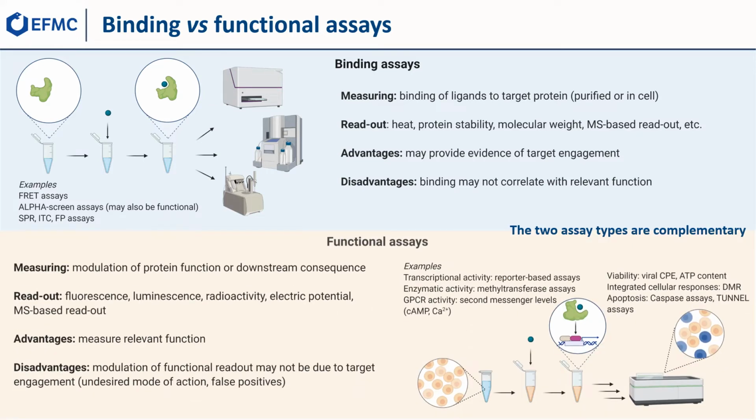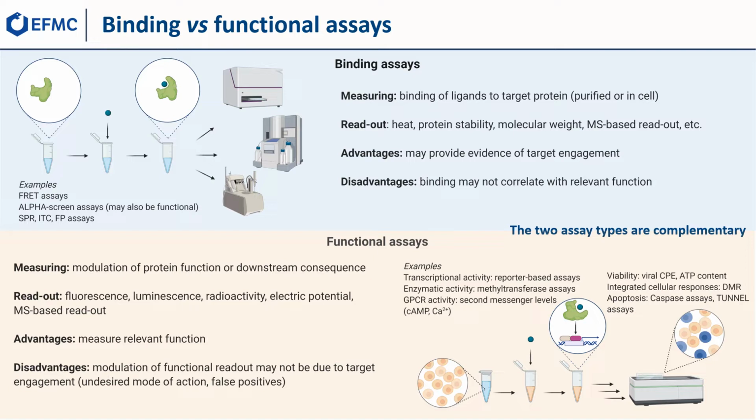As regarding functional assays, they measure the modulation of a certain function, for instance enzymatic activity, redox activity, or the downstream consequences of it. The readout is based on the measuring of the intensity of fluorescence, luminescence, or radioactivity signals, but also measures of variations of electric potentials are very common.